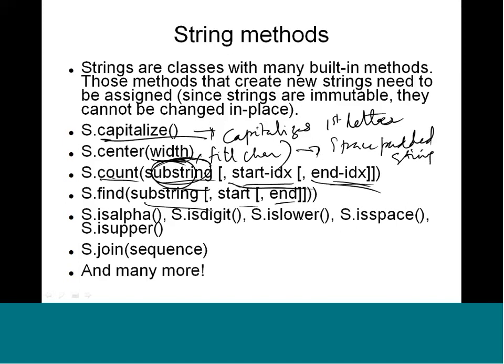The find determines if this particular substring occurs in a string or in a substring of the string starting from start to the end, and it returns the index if found, otherwise it returns -1. So it returns the index where this substring is occurring, or -1.